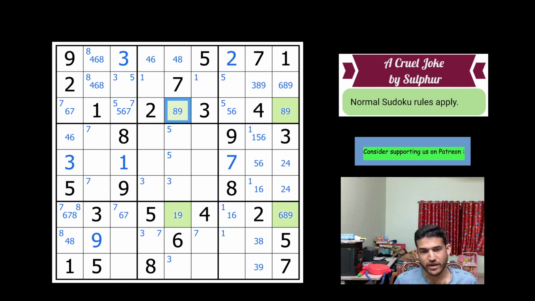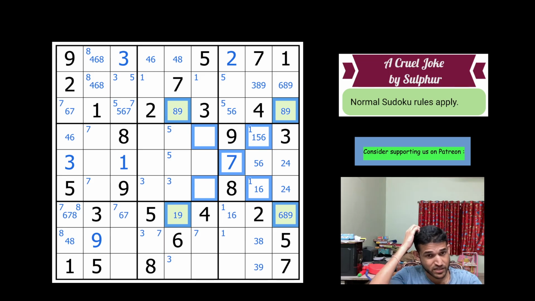The reason why it's called an X-wing is if you have a 9 in row 3 in this cell, the 9 in row 7 goes here, right? And if you have a 9 in row 3 in this cell, the 9 in row 7 goes here. So basically you have an X-shaped kind of thing going on. So that's why it's called an X-wing.